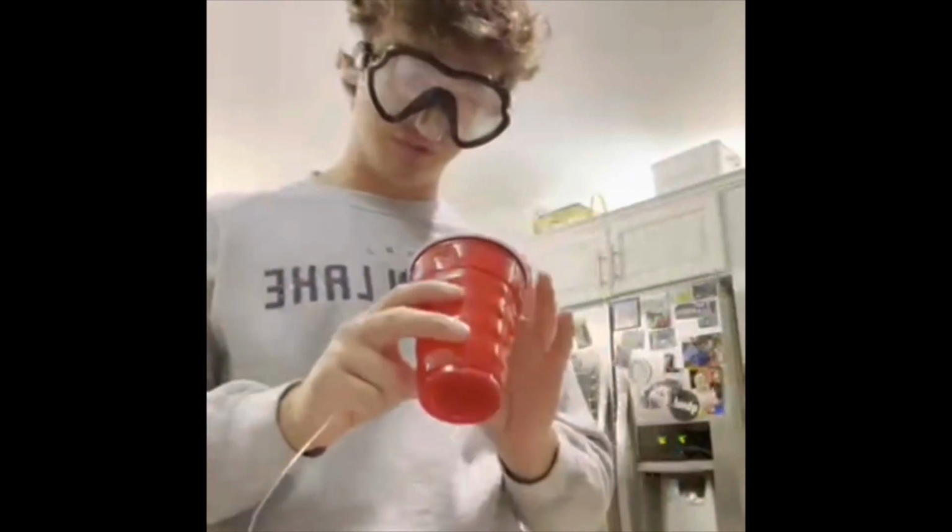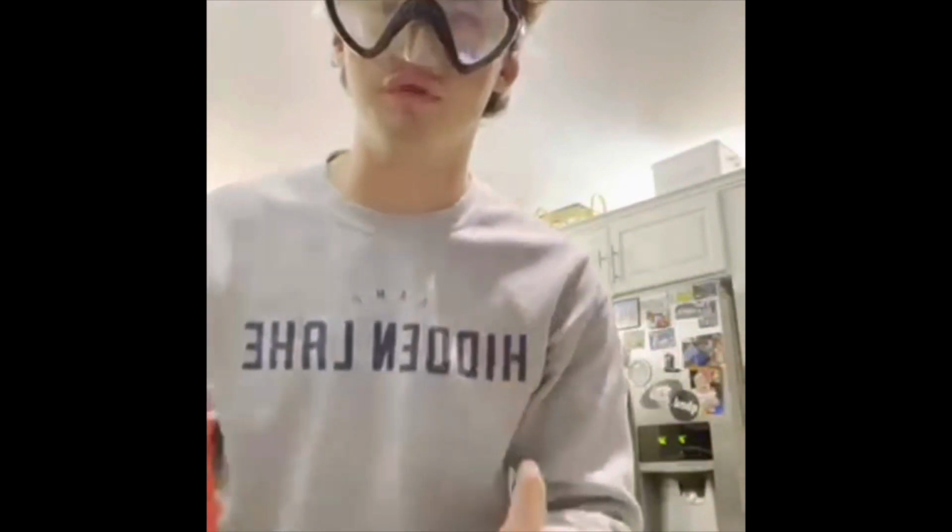Next, I will use a 1 meter line and I will attach it to the cup. I will fill up the cup with 25 grams of water first and spin it around me at a constant rate or constant velocity for 10 revolutions.